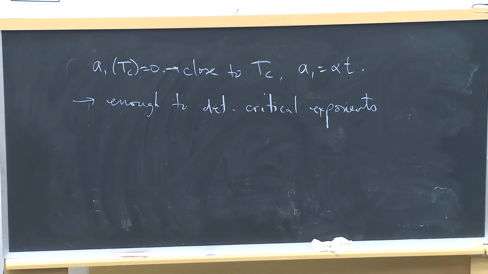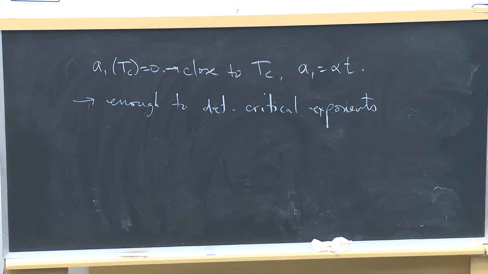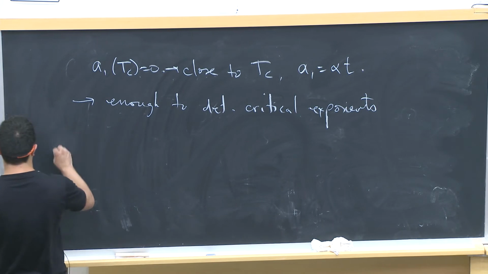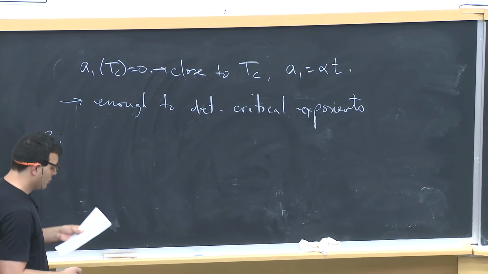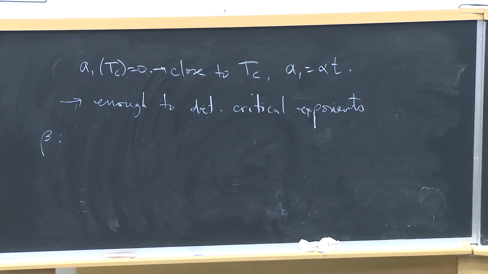Let me give you some examples. Since this isn't going to be a good approximation after all in 3 dimensions, I'm not going to spend a lot of time on it. So examples, for instance, beta. Beta was about how the spontaneous magnetization depends on the temperature.